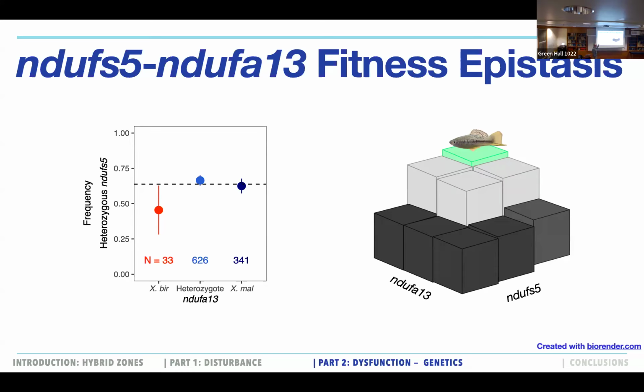But if you are heterozygous for NUFS5 and homozygous for NUFA13, you are even more screwed than if you were not heterozygous for NUFS5. It makes the NUFA13 incompatibility go from very recessive to even more lethal if you're already heterozygous at NUFS5.